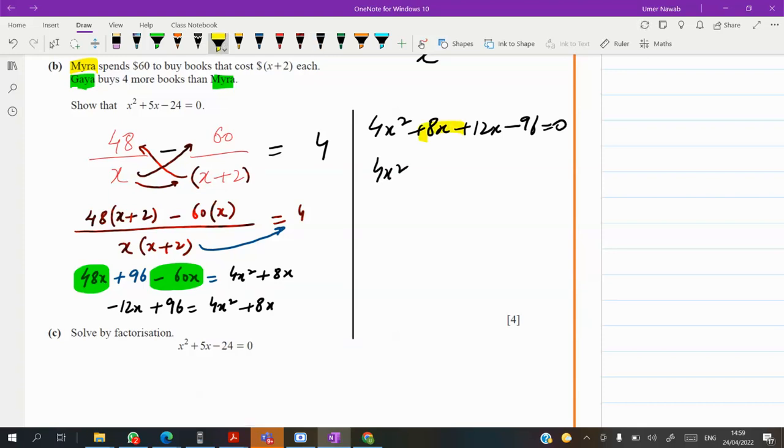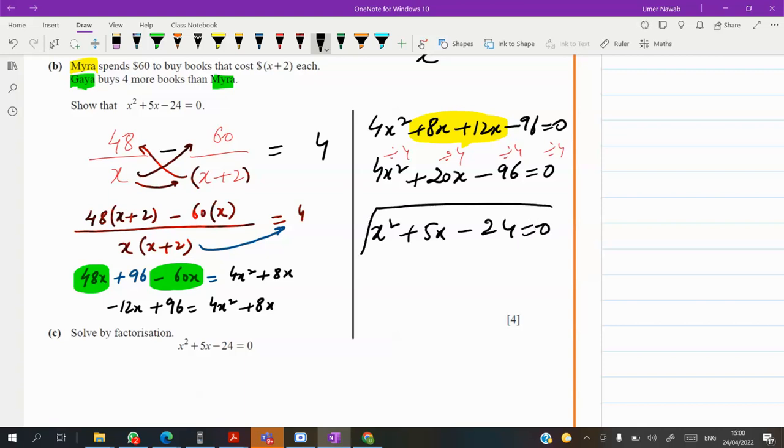Simplify the terms in x. Now every term should be divided by 4, which will give you x squared plus 5x minus 24 is equal to 0. Is it the same equation which he wanted you to get? Yes. So we got it.